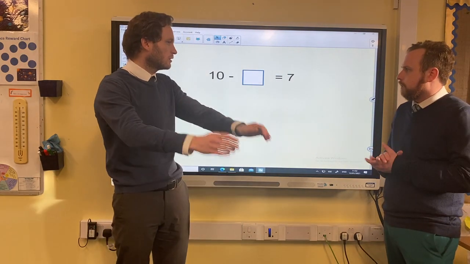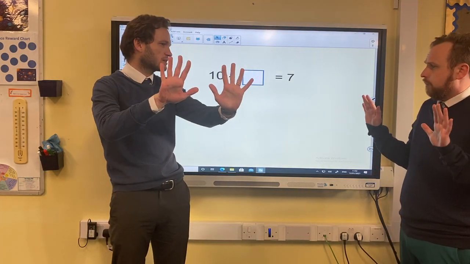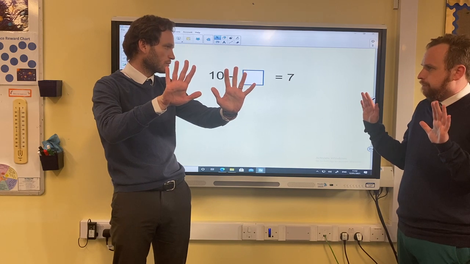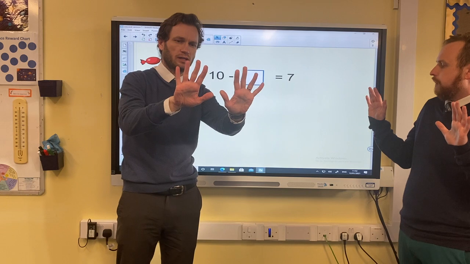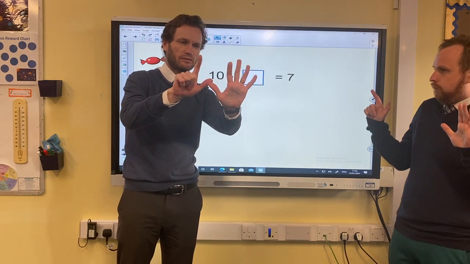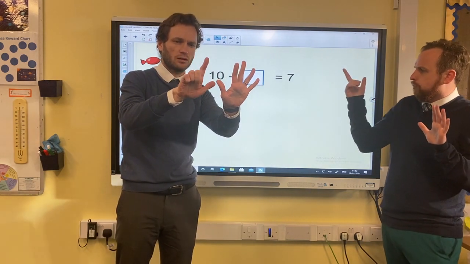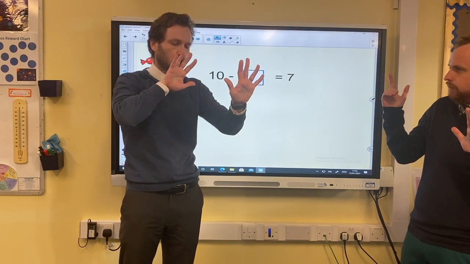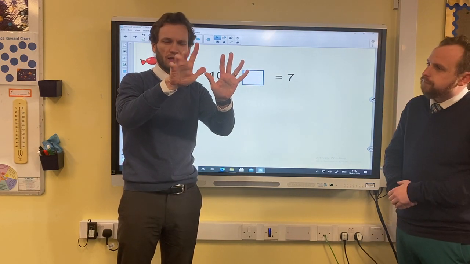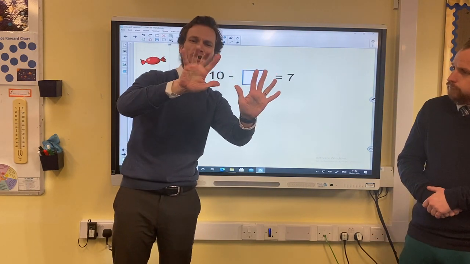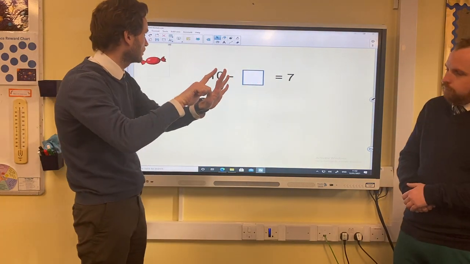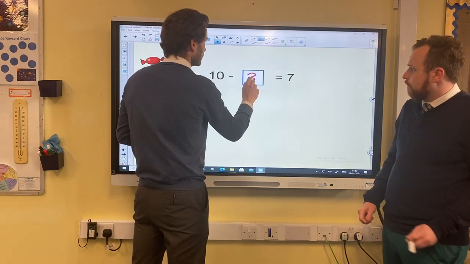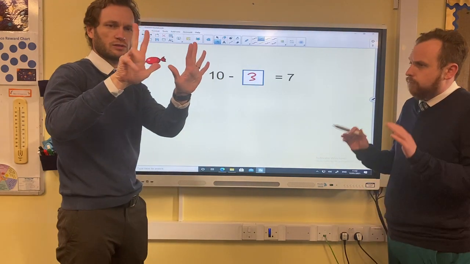So I've got 10 sweets, and then I'm going to end up with 7 sweets, right? So I know that's 7. So those ones are the ones you've eaten, those ones are gone. So I can just see there I've eaten 3 sweets, haven't I? 10 take away 1, 2, 3 is 7.